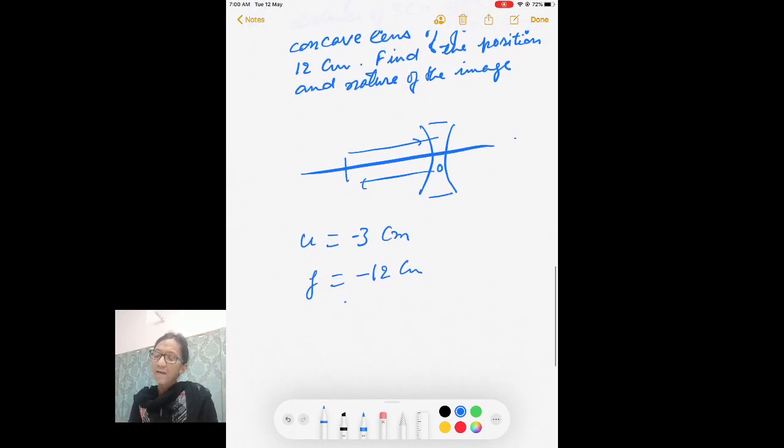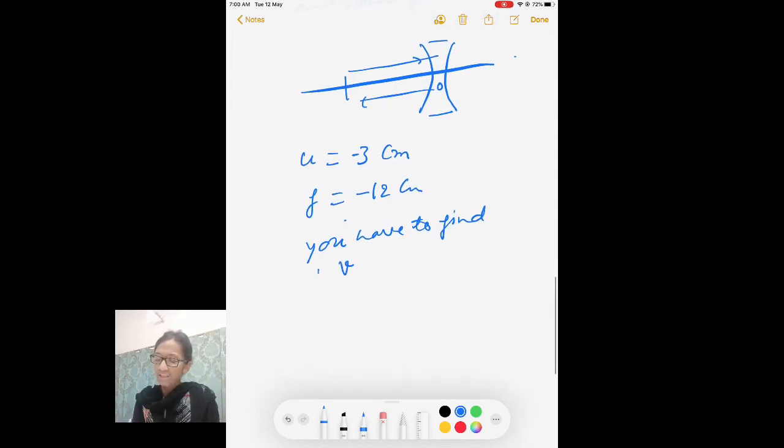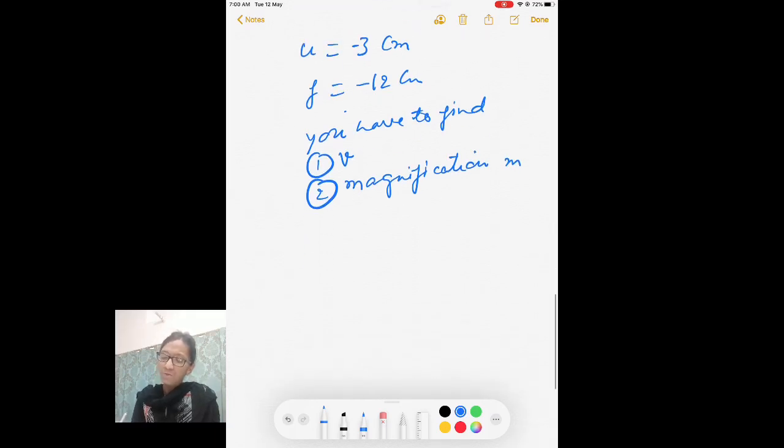Now you have to find position and nature. So you have to find firstly v, and for nature you will be finding magnification m. Okay, so let me use the lens formula.